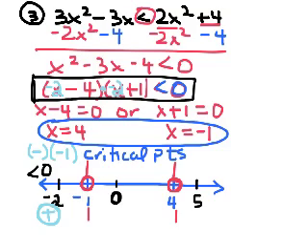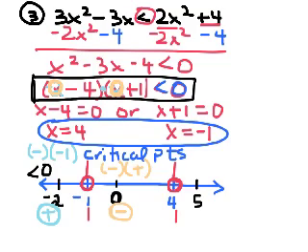I'm going to put my test point 0 in. So if I put 0 here and here for x, then I get 0 minus 4 is a negative, and 0 plus 1 is a positive, and a negative times a positive is a negative. So all the numbers between -1 and 4, when I substitute them in, I'm going to get a negative value.